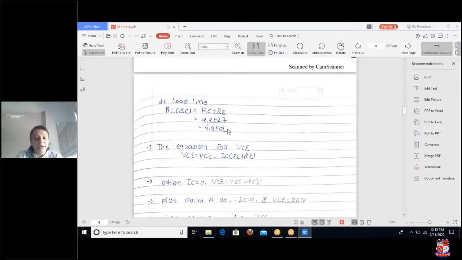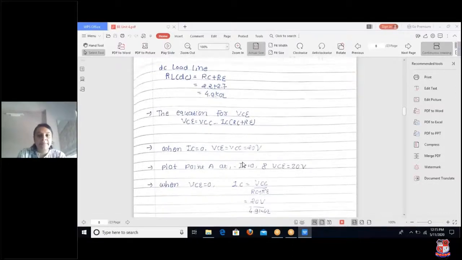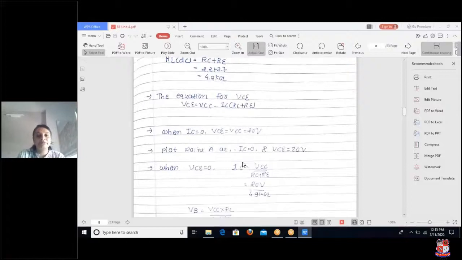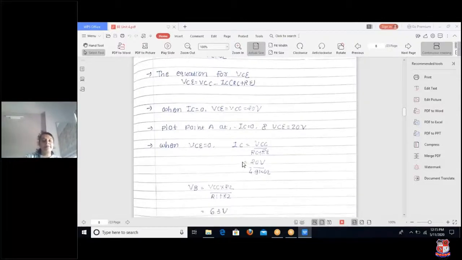So the equation is VCE equals VCC minus IC times (RC plus RE). Now for the DC load line, we put in the equation.